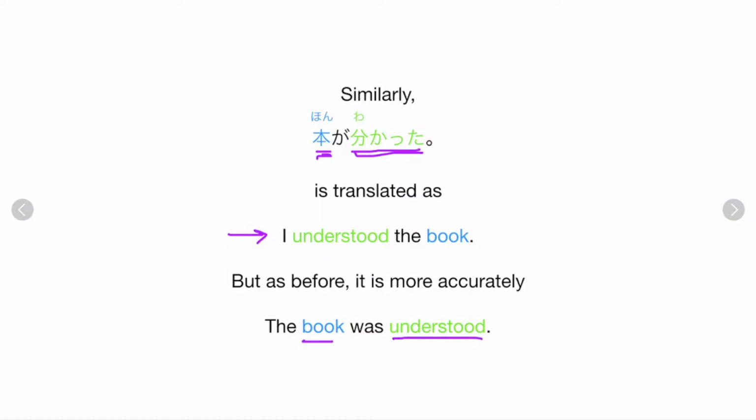That's what is really being said, okay? And the reason I'm pointing this out, it's not that these translations are wrong. When someone says hon ga wakatta, you should understand that as I understood the book, right? But what they are saying, the way the language works, is the book was understood.